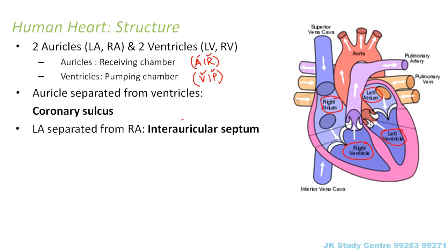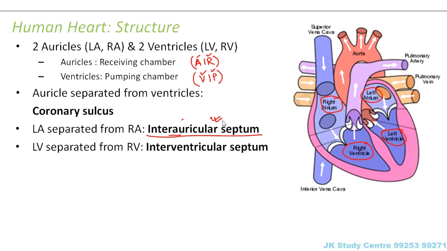Similarly, how are the auricles separated from each other? The left auricle and the right auricle are separated from each other by the interauricular septum. Similarly, there is an interventricular septum which separates the left ventricle from the right ventricle.